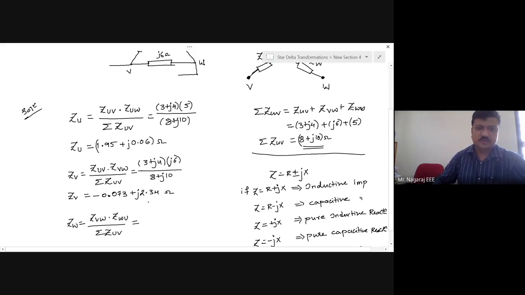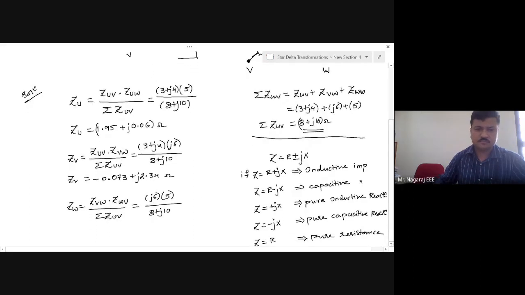ZVW is J6, ZWU is 5, divided by 8 plus J10, which equals 6I into 5 divided by 8 plus 10I. It is 1.83 plus 1.46J.